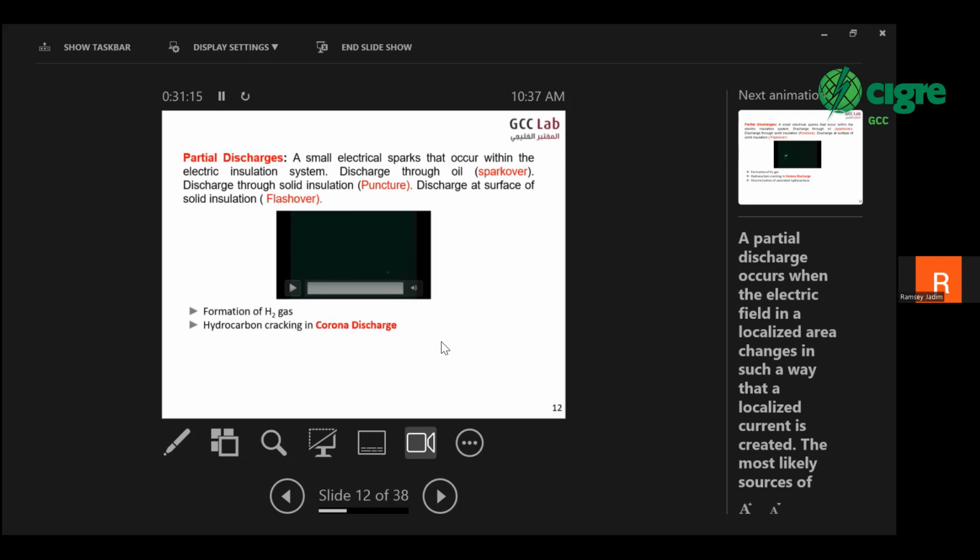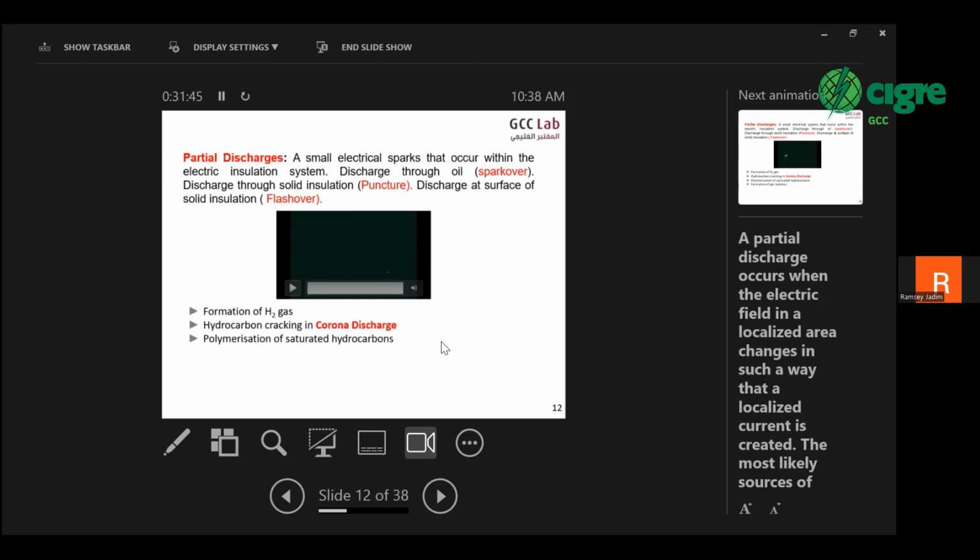Hydrocarbon cracking and corona discharge. Because partial discharge gives me another problem, called corona discharge. I will talk about this one in the next slide. Polymerization of saturated hydrocarbon. The oil viscosity should be more than 135 degrees centigrade.